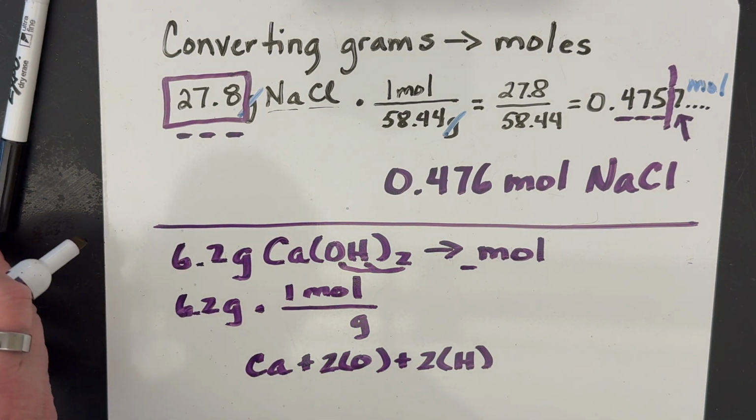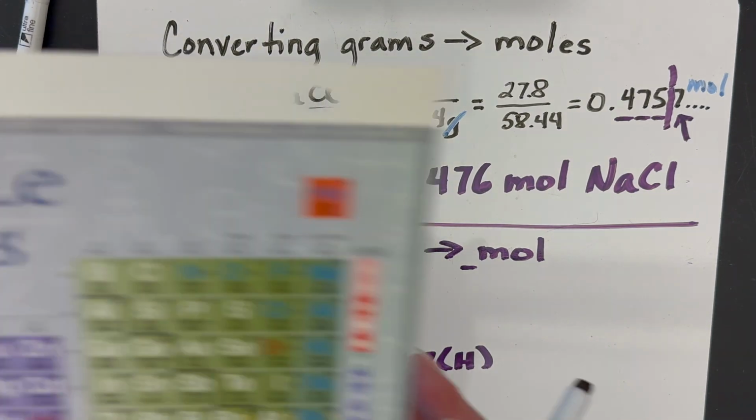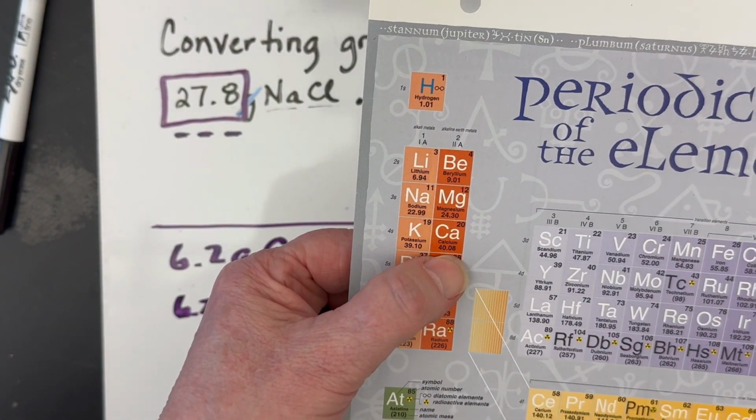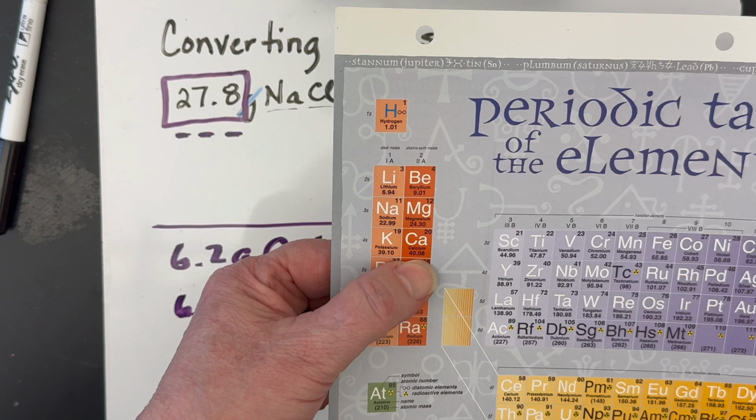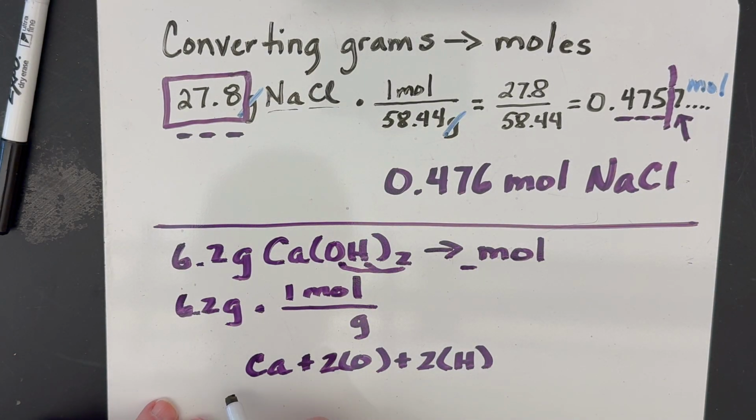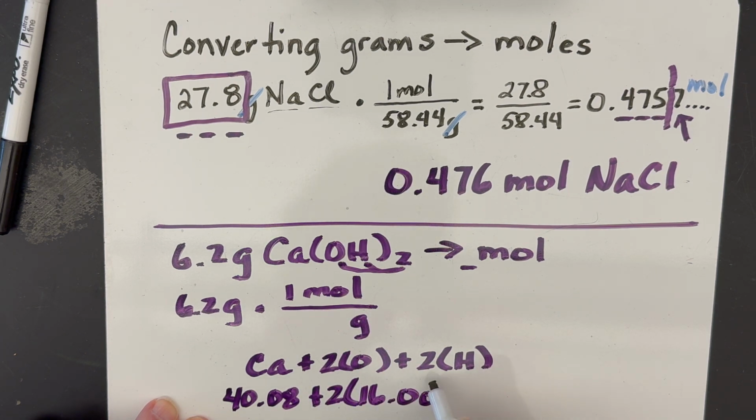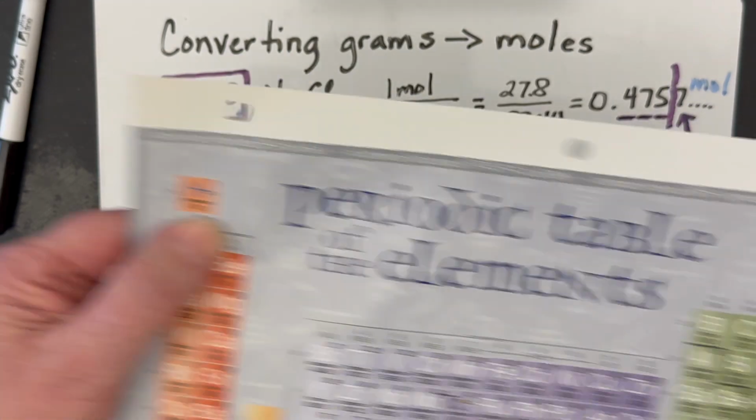So Ca, left side of the periodic table, 40.08. Plus 2 oxygens. Oxygen is 16 exactly. Plus 2 hydrogens. Hydrogen is 1.01.